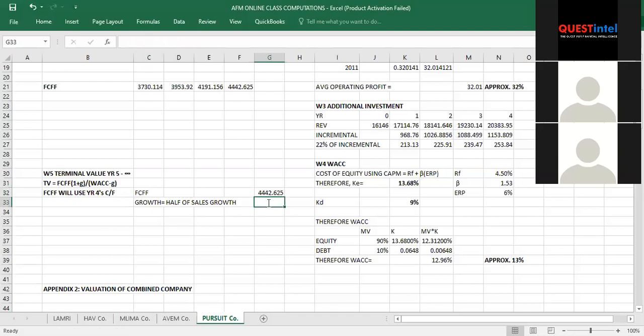So that is equal to 50% of 6%. Oh, sorry. So that's 3%, and our work 13%. Yeah, so we just go and pick it there.